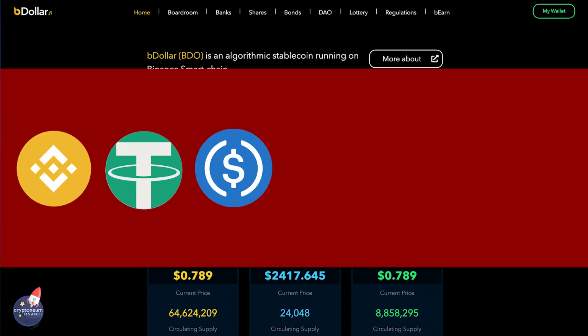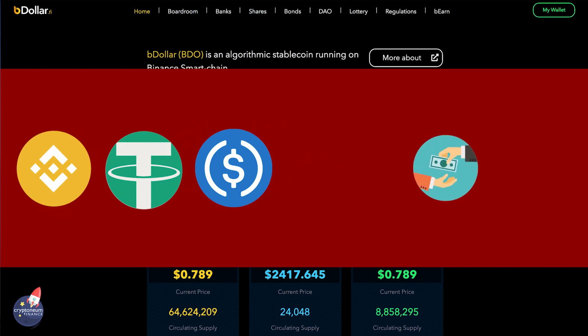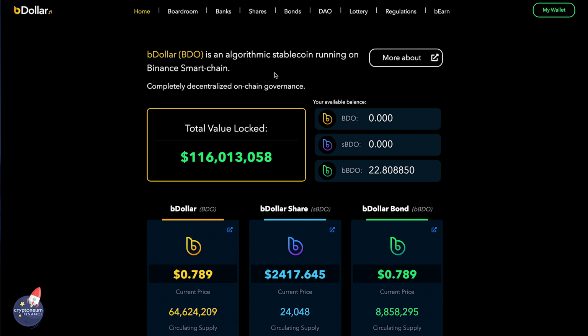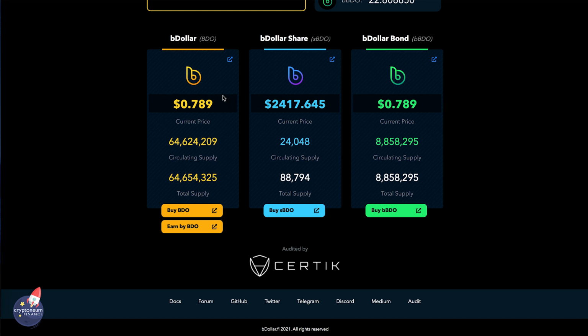Basically, whenever you mint or create one BINANCE US dollar, you have to have one US dollar in its reserve, and that's where it gets its value. bDO is a little bit different in that it's using algorithms, or mathematical supply and demand, to balance its price out to $1.